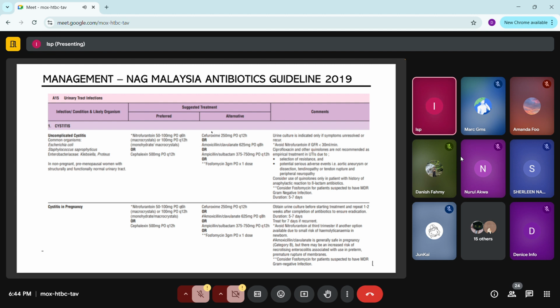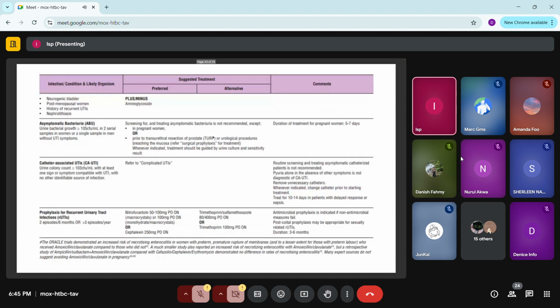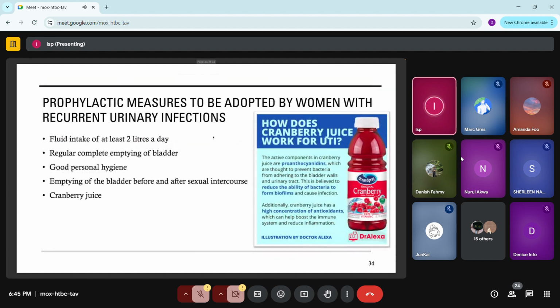The common one to remember is cefuroxime. Just one antibiotic for all types of urinary tract infection. Just remember cefuroxime. Cefuroxime covers everything. So just remember cefuroxime. All right.